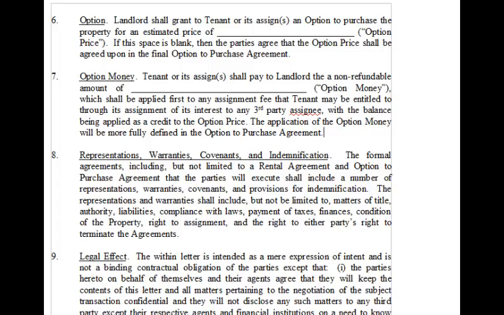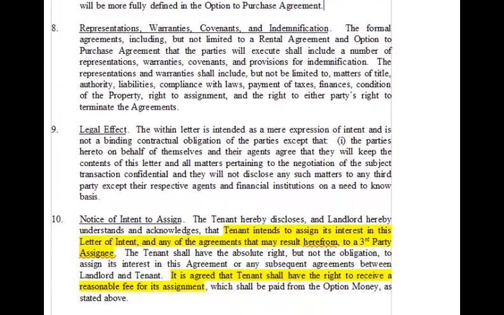Let's go through number 8. Representations, warranties, covenants, and indemnification. The formal agreements, including but not limited to a rental agreement and option to purchase agreement that the parties will execute, shall include a number of representations, warranties, covenants, and provisions for indemnification. It means getting out of trouble, not being sued.